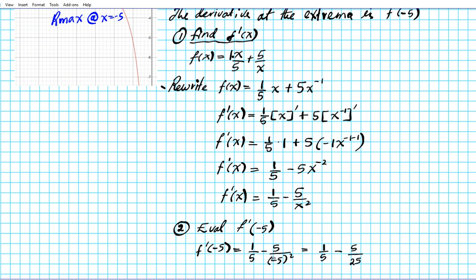Alright, remember when you raise a negative sign to an even power, all the minuses pair up and it becomes positive. Okay, and then you have 1 over 5 minus 5 over 25.